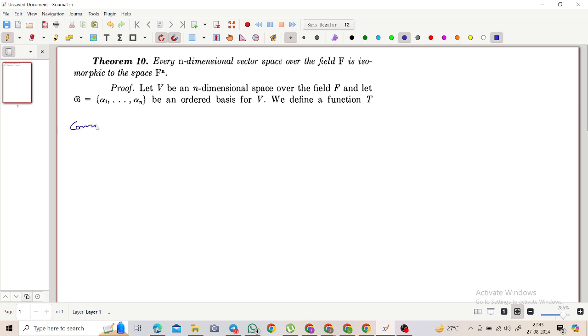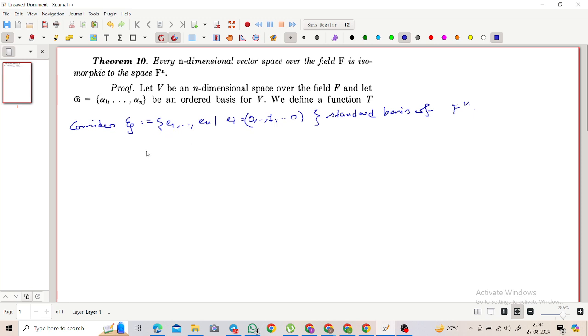Consider epsilon, E1 to En, where Ei is 0 0 0 1 at the ith place, rest 0. This is the standard basis of F to the power n, right?